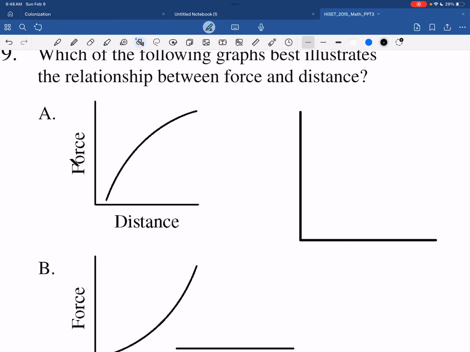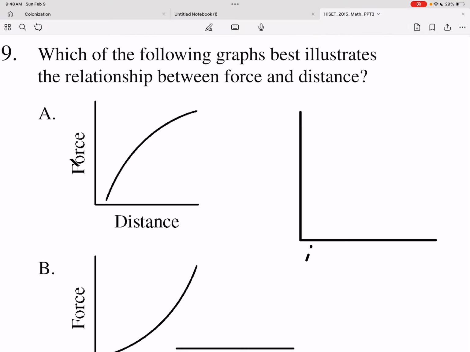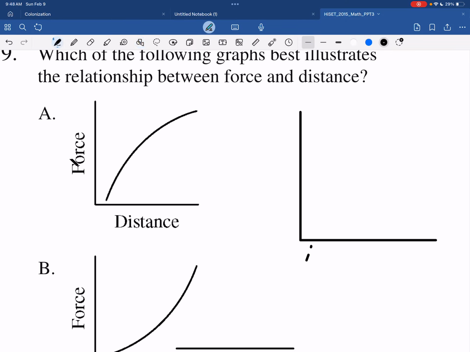On the independent axis, which is the x-axis, this is the thing that we as the experimenters can control. If I set this up as an experiment, I decide how much distance is in my problem. So this is the independent variable where we're measuring the distance covered.